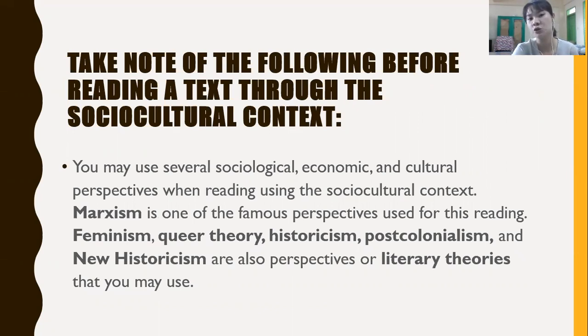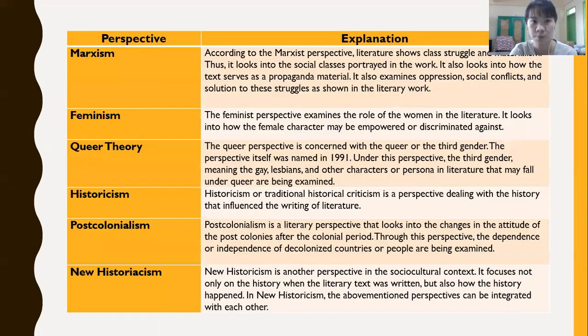You may use several sociological, economical, and cultural perspectives when reading using the socio-cultural context. Marxism is one of the famous perspectives used for this reading. Feminism naman po, queer theory, historicism, postcolonialism, and new historicism are also perspectives or literary theories that you may use.